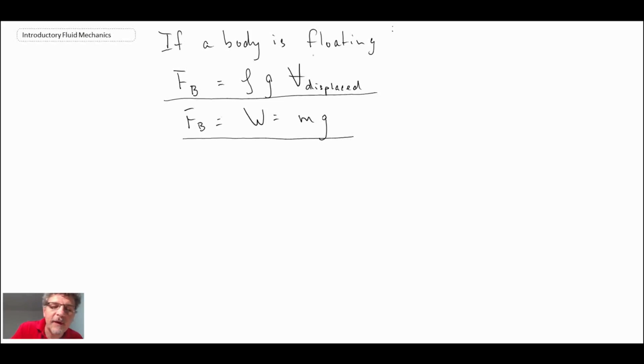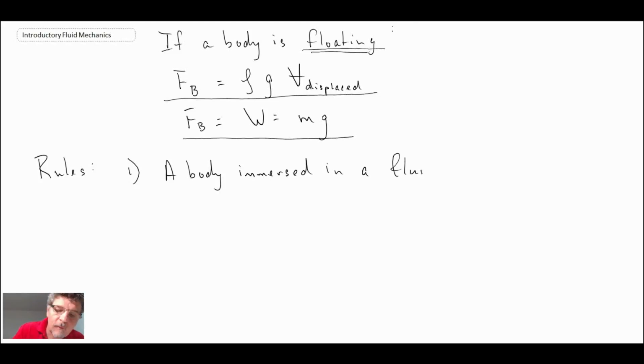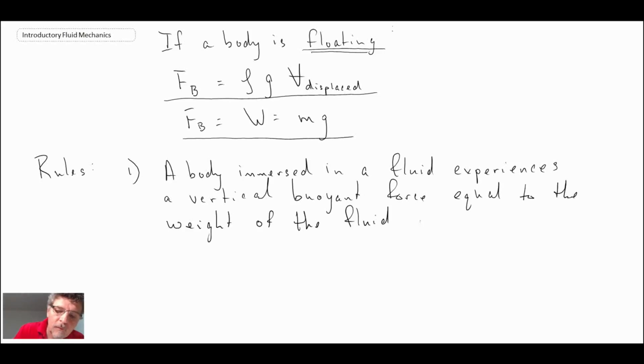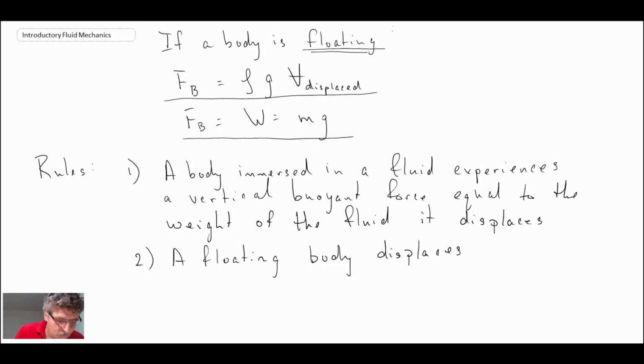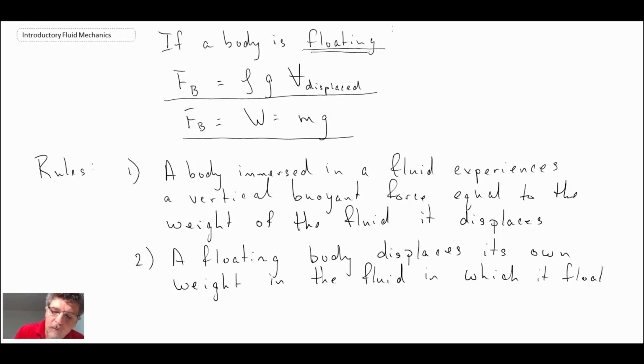That would be for the case of a floating body that's not moving up or down, but just sitting in the water. And with this, we can write out a couple of different rules.